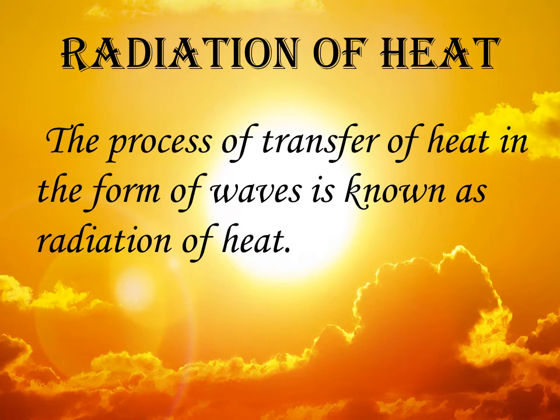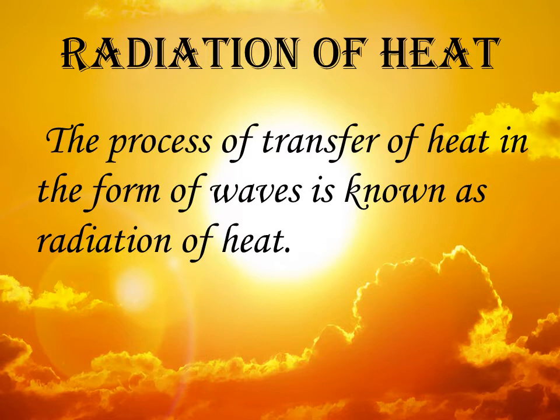Radiation of heat. The process of transfer of heat in the form of waves is known as radiation of heat. We know that light can move from one place to another. It does not require a medium. Similarly, heat energy is also transmitted as light.